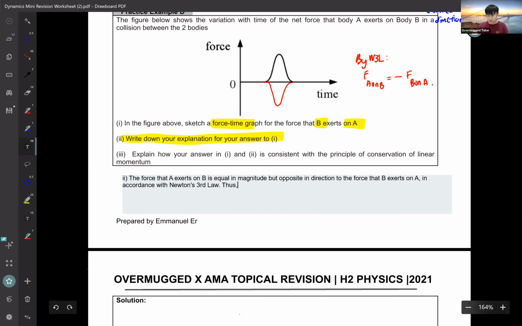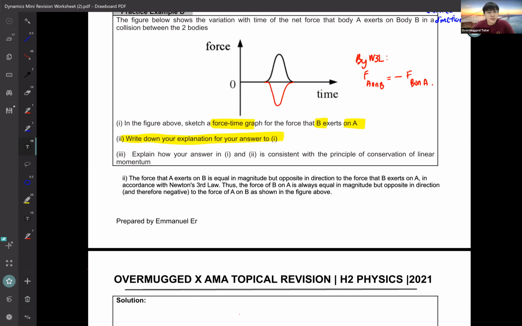Thus the force of B on A is always equal in magnitude but opposite in direction, and therefore negative, to the force of A on B as shown in the figure above. Quite standard. This one is just Newton's third law.